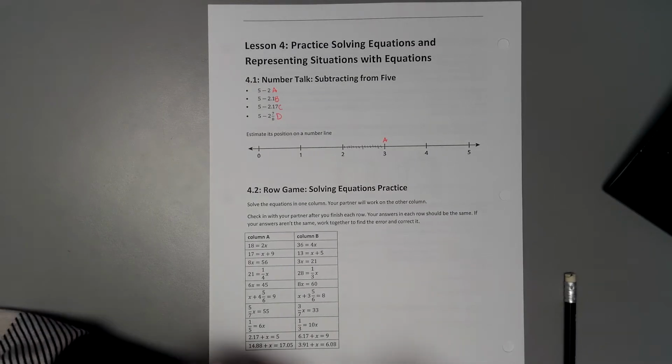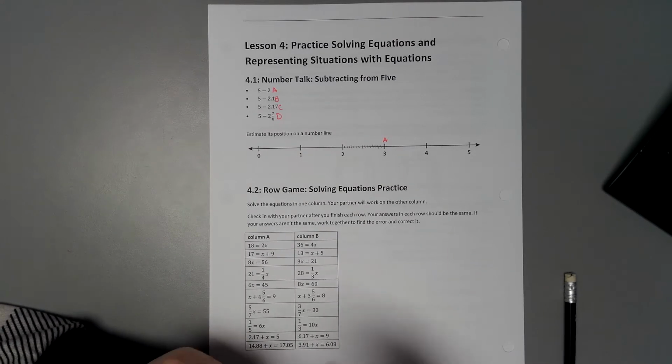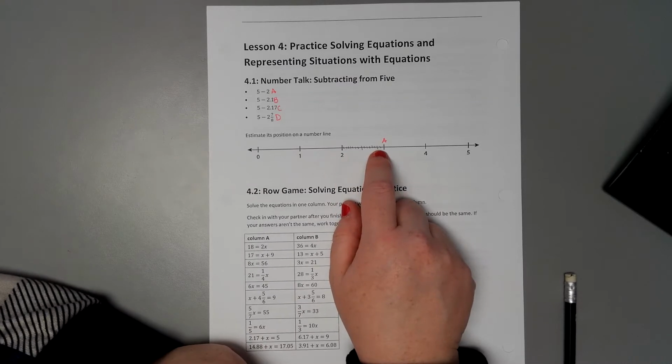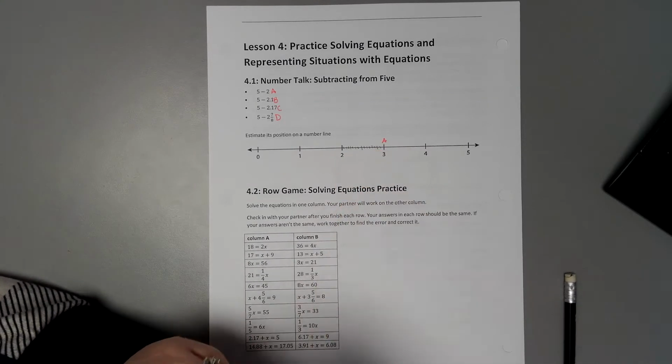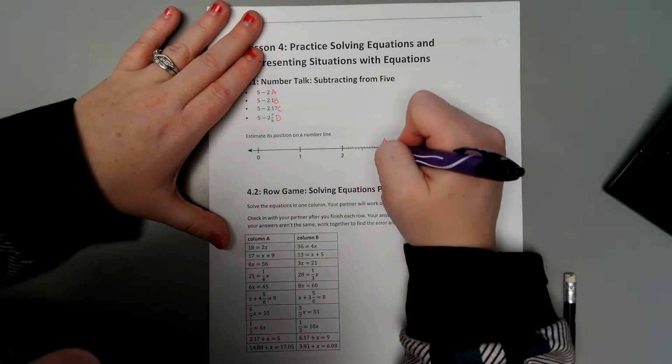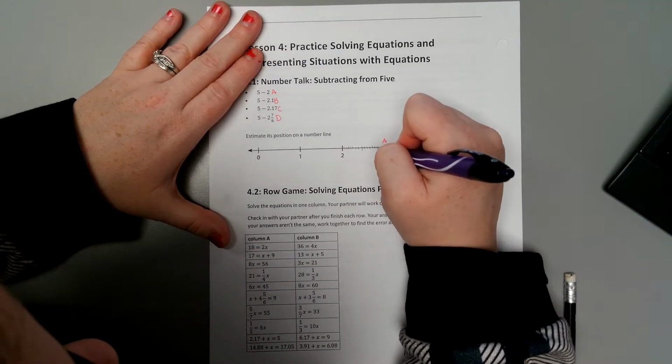So our B is going to be really close because 1/16 is bigger than 1/10. Should have made these a little bit closer. So B would probably be here.